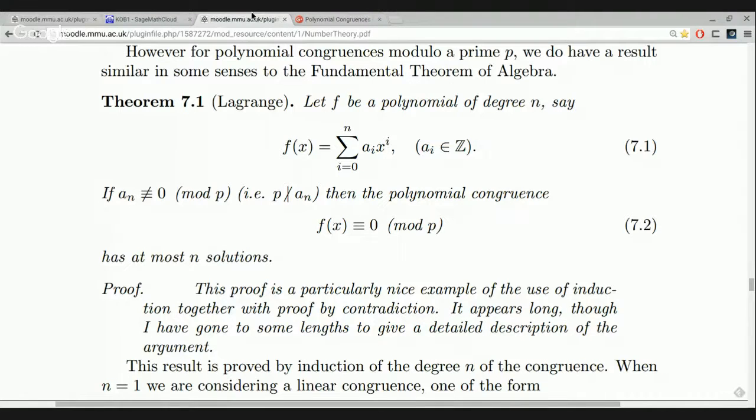I like it because we see a couple of proof techniques combined: induction, and within the induction proof, a fairly non-trivial, substantial proof by contradiction technique as well. So let's switch over to the visualizer, and we'll talk through the main elements of this.